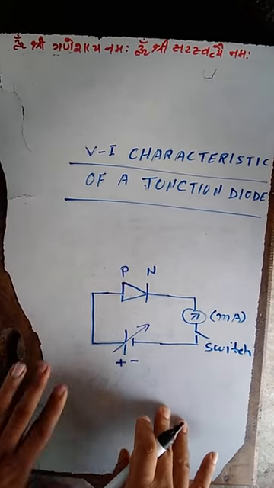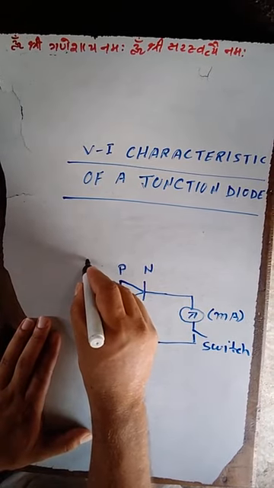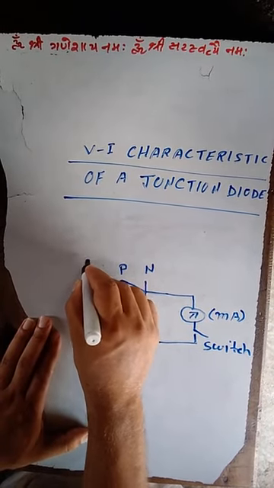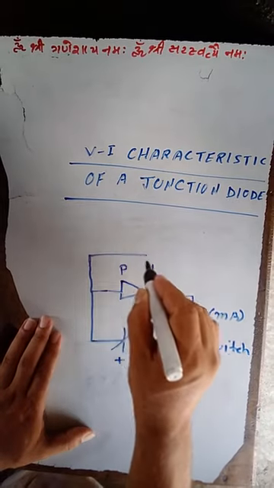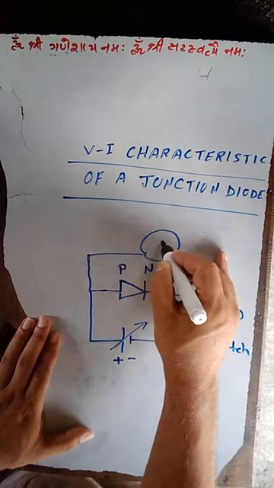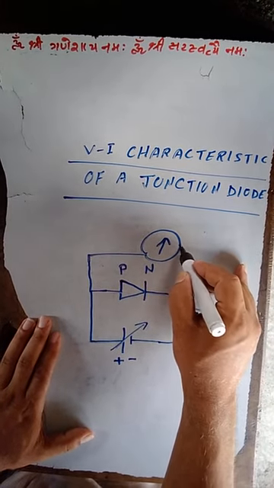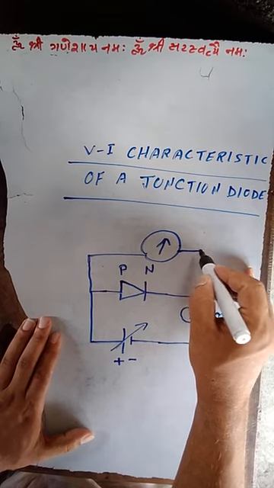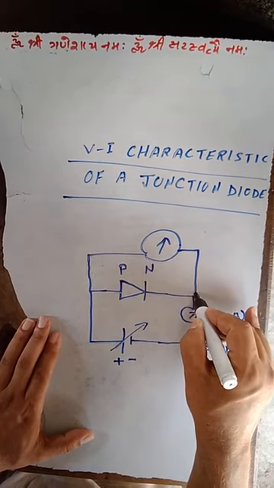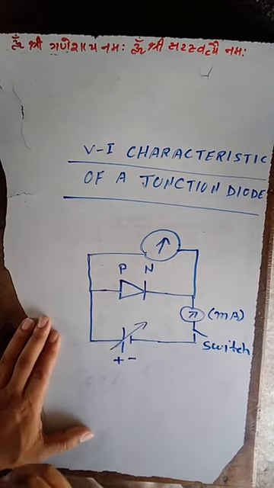And we connect a voltmeter to measure the potential difference between the P and N of the junction.